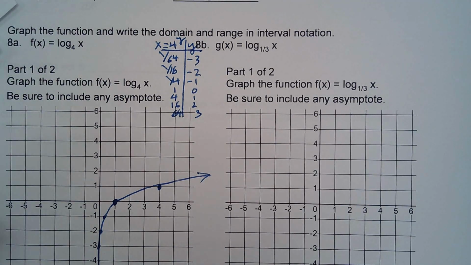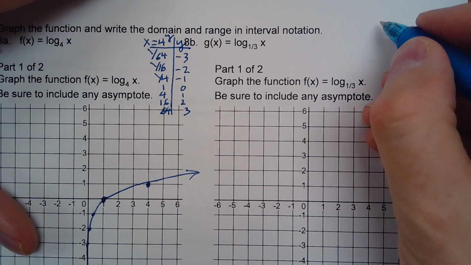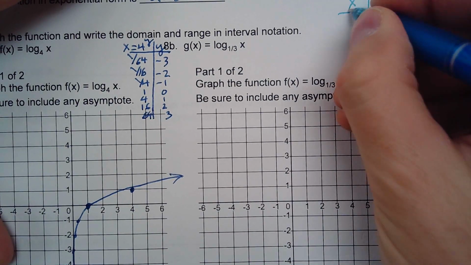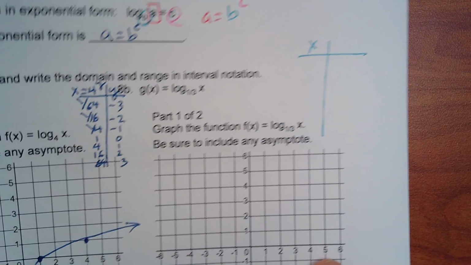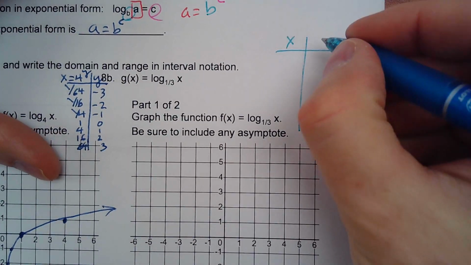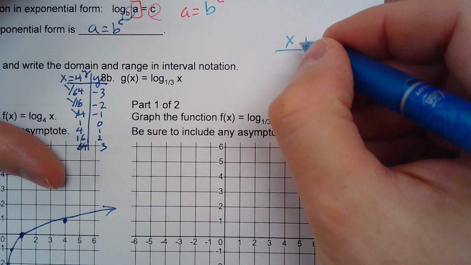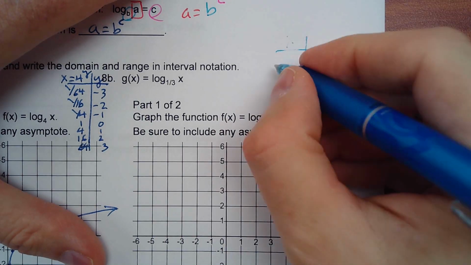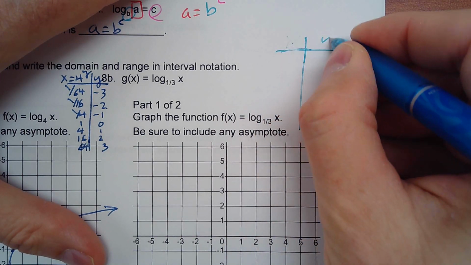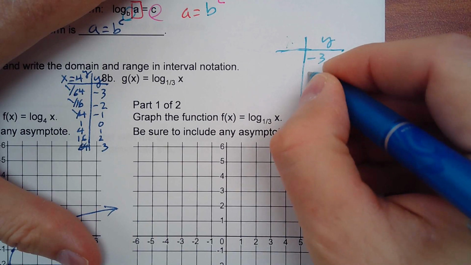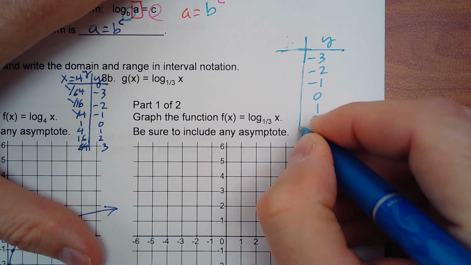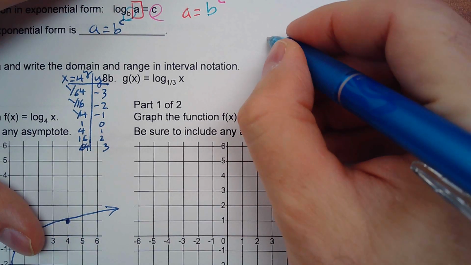And we want to do the same thing in part B. So let's get this going. Again, I'm going to be picking my y values, -3, -2, -1, 0, 1, 2, and 3. And I'm going to get my x values.